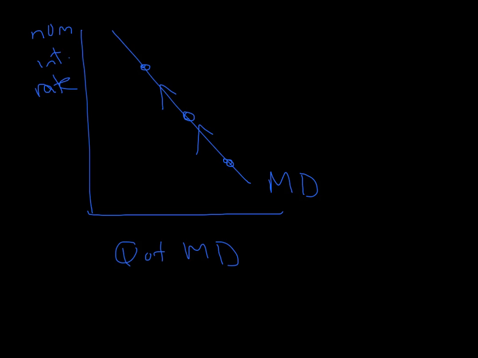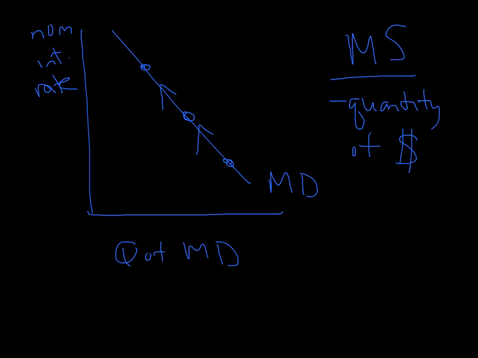Separately from this, we're going to have to look at the money supply, also known as the quantity of money. The question is, who is the supplier of money? Well, the Fed is the supplier of money.